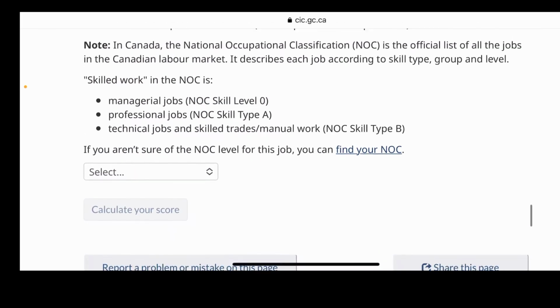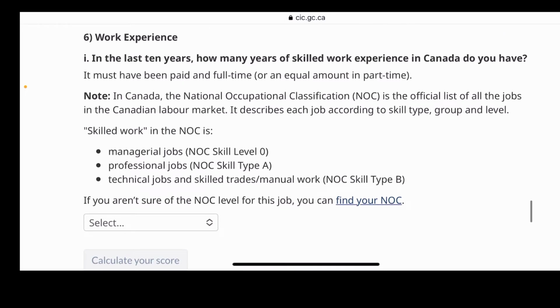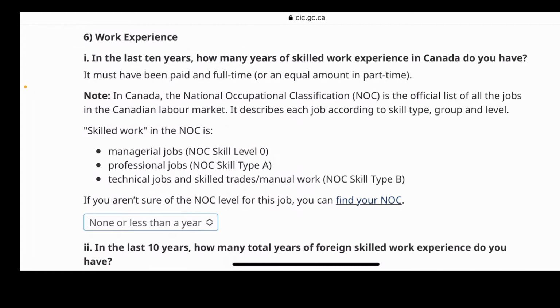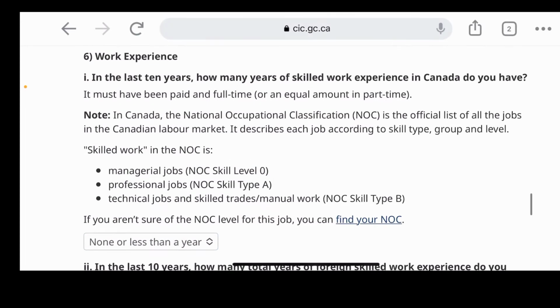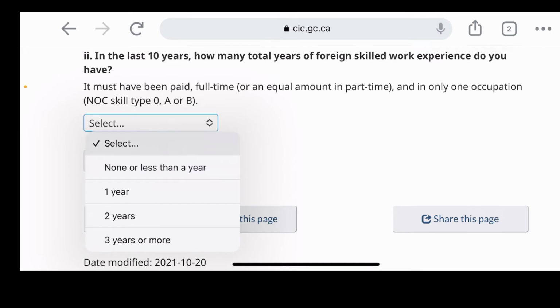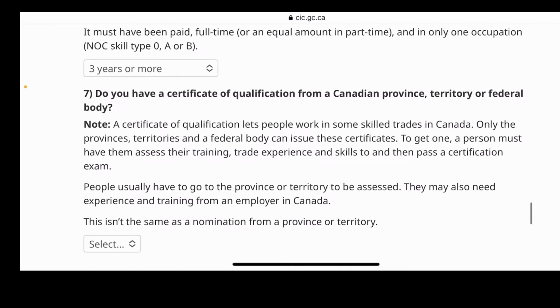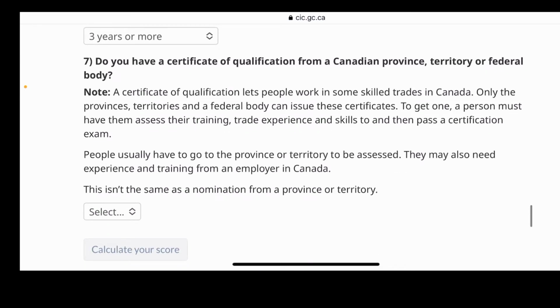All right, now how many years of work experience does Tola have in Canada? Here we'll say none, because Tola has never worked in Canada before. And now it says in the last 10 years, how many total years of foreign work experience do you have? Here we'll say Tola has 3 years or more. Okay, 4 years, 5 years, anything. Now, question 7 says, do you have a certificate of qualification from a Canadian province or territory?